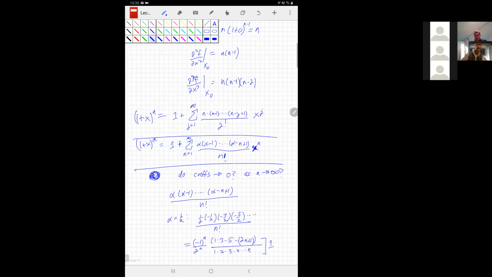You might say, well, every time I'm multiplying by a number that's roughly twice as large. If it's roughly twice as large, shouldn't it be blowing up? Yes, except that I've got this 2 to the n. So this ratio is going to be approaching 1.